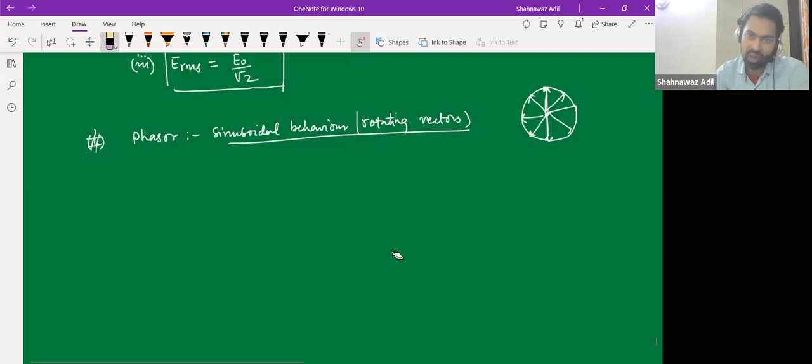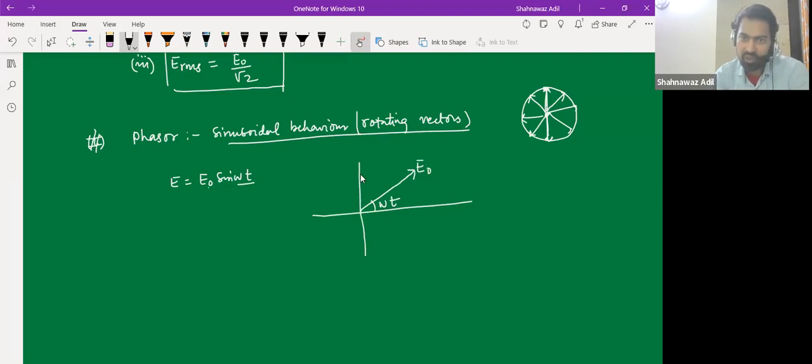So we talked about the phasor vector of voltage supply E, right? And this we represented as, let's say this omega t is the angle, and this E naught is the peak voltage.